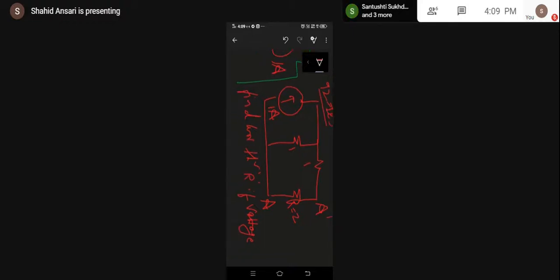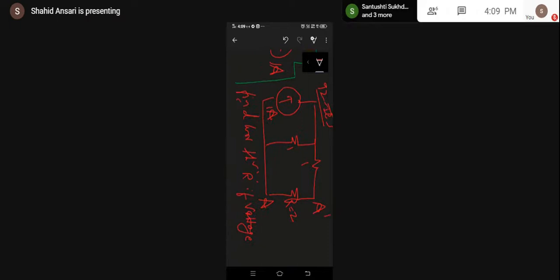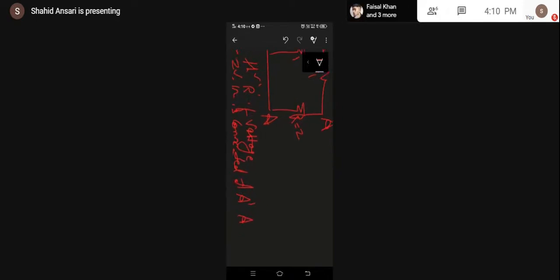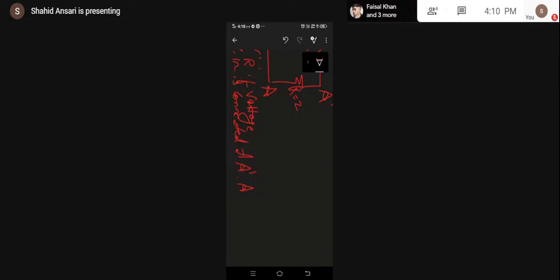Find current through 2 ohm if a voltage source of 2 volt, 1 ohm is connected at A dash A, with positive at A dash.